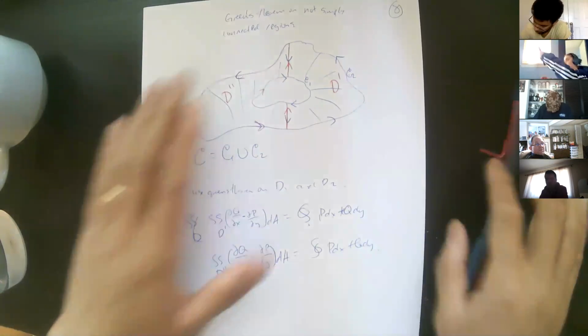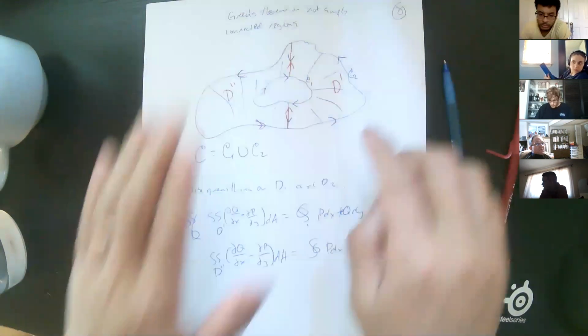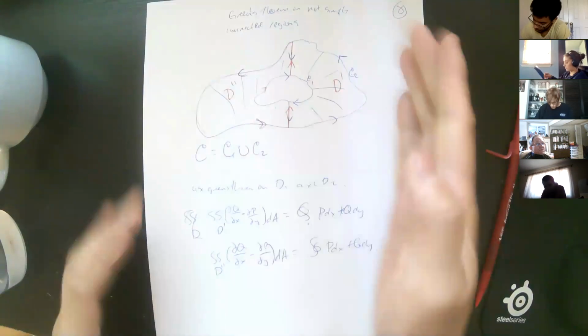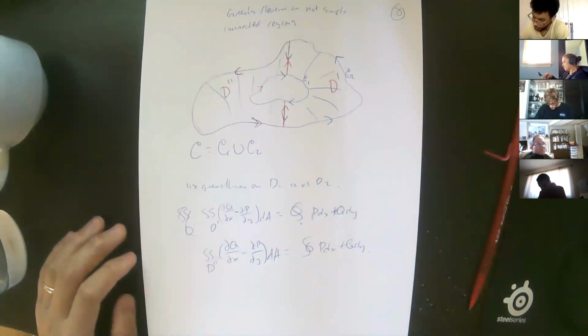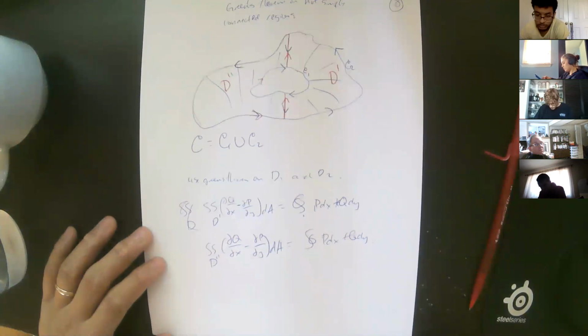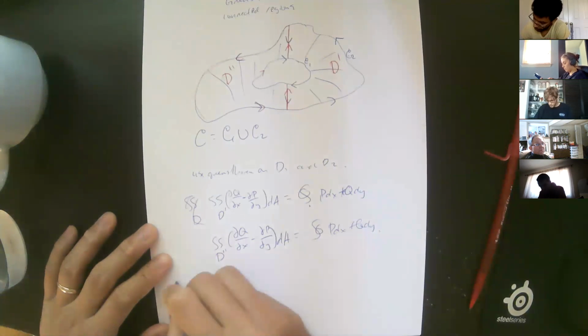So we use Green's theorem on this region right here, and Green's theorem on this region right here, and we're going to add them together.